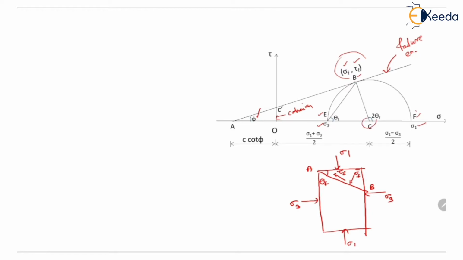Point C is the midpoint of E and F. That's why its coordinate will be equal to sigma 1 plus sigma 3 divided by 2. CF is the radius of the circle, which will be half of EF, that means sigma 1 minus sigma 3 divided by 2. And line AO will be equal to c cot phi.